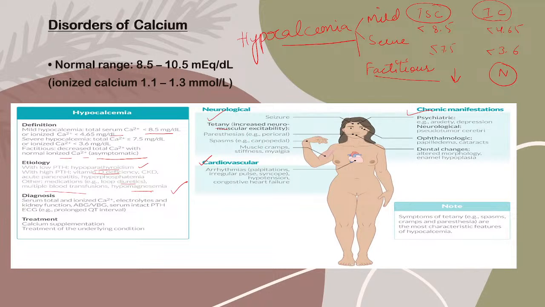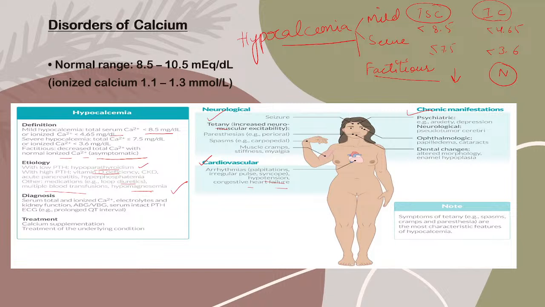So these all are the neurological symptoms of hypocalcemia. Then if we talk about cardiovascular, there would be arrhythmia, that is palpitations, irregular pulse, syncope can be there, hypotension, and congestive heart failure.